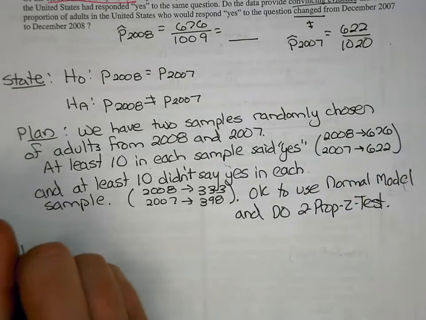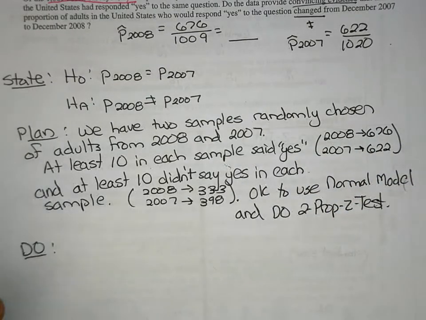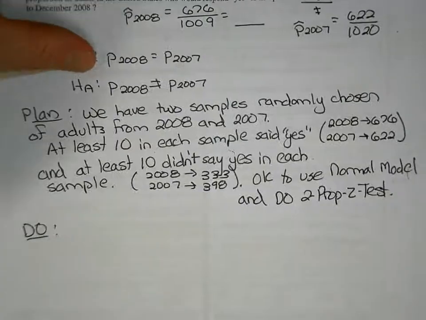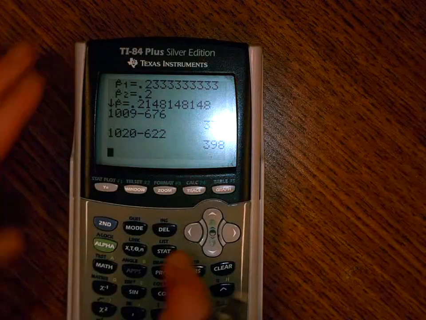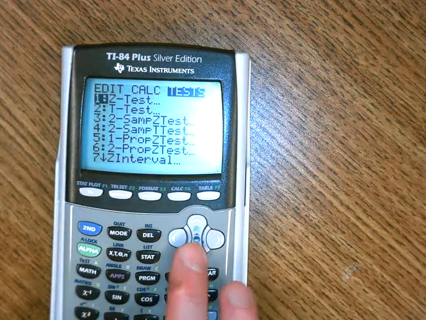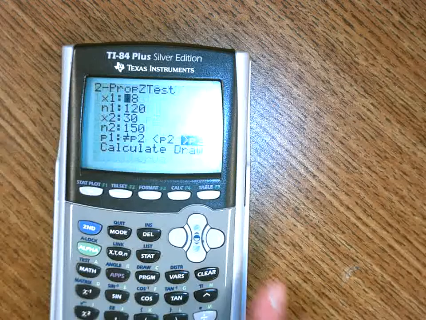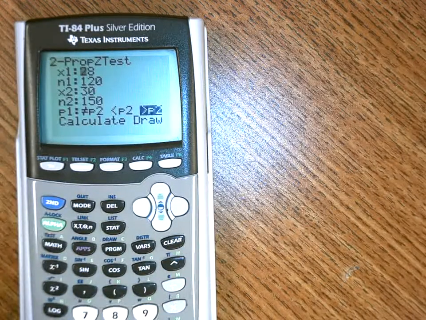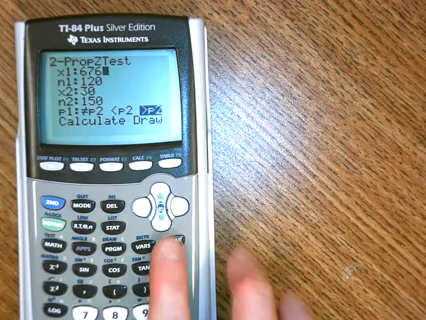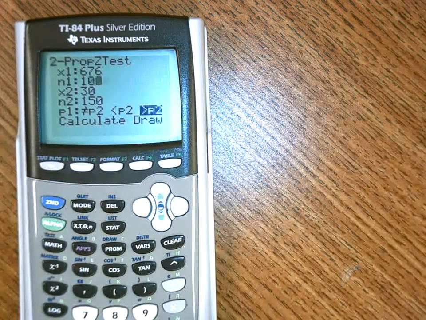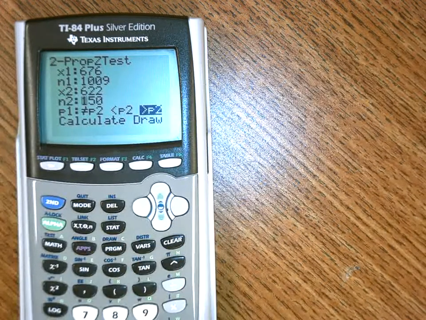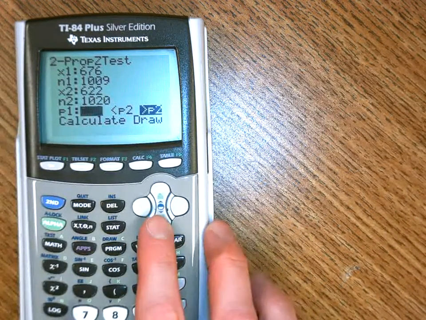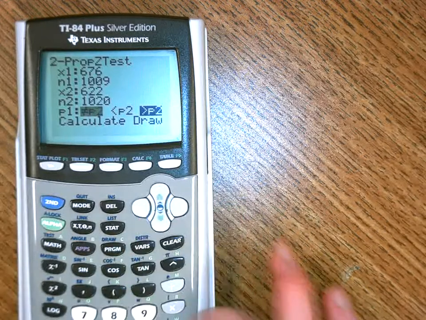So the do part, and in my calculator, put that stuff in again. 2-prop z-test. I've got 676 out of 1009, 622 out of 1020, and I'm looking for not equal to.